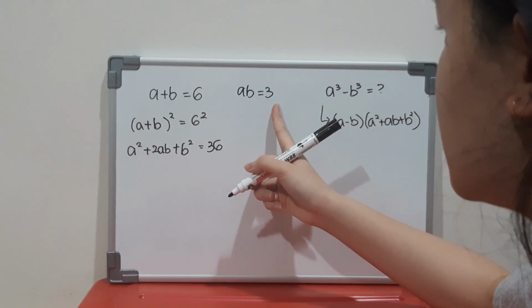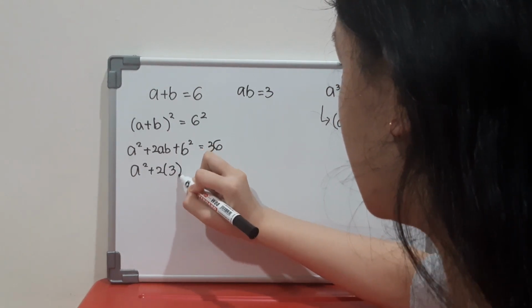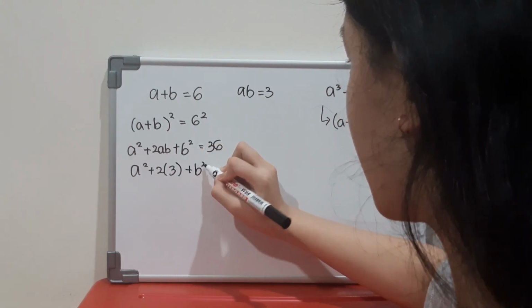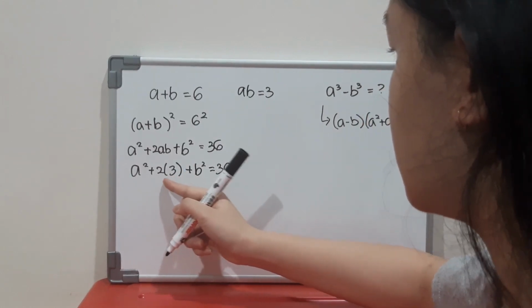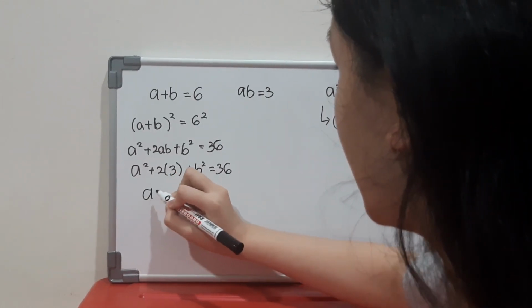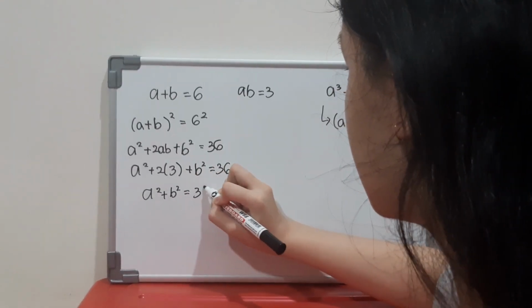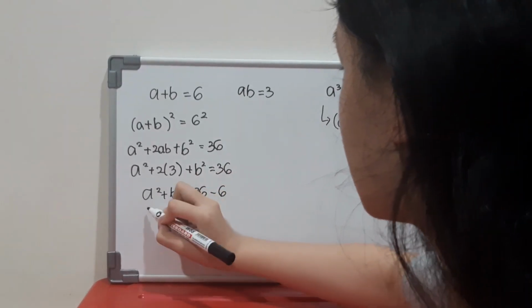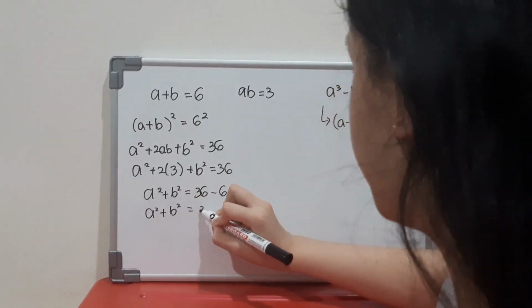And we know that ab is 3, so a squared plus 2 times 3 plus b squared is 36. Moving 6 to the other side, we have a squared plus b squared equals to 36 minus 6. So a squared plus b squared is 30.